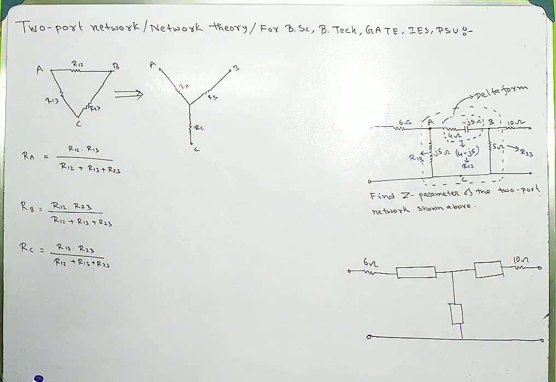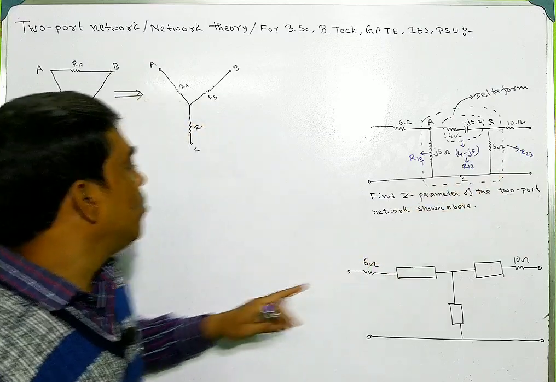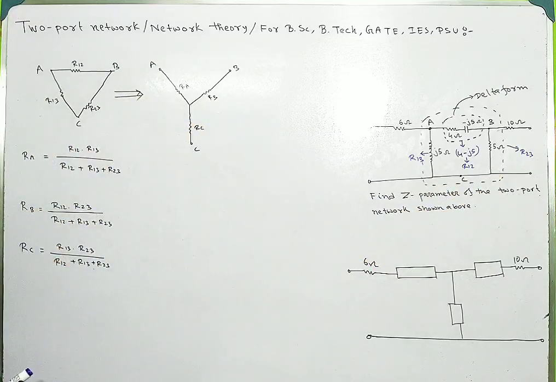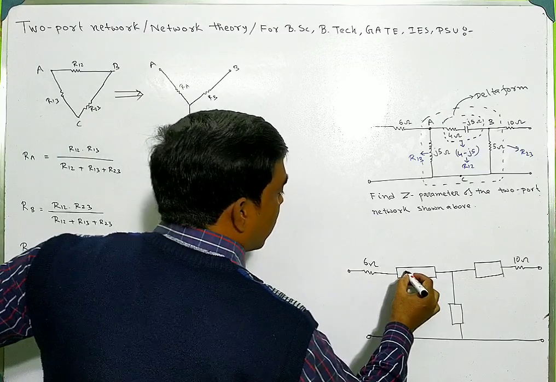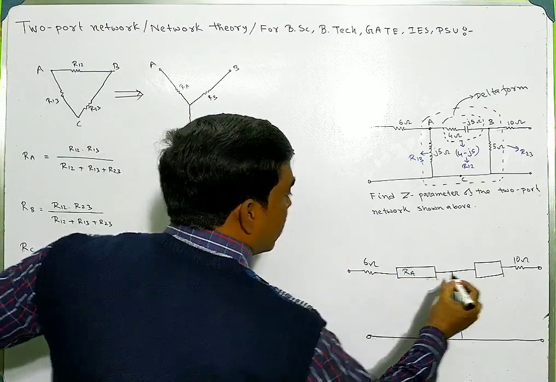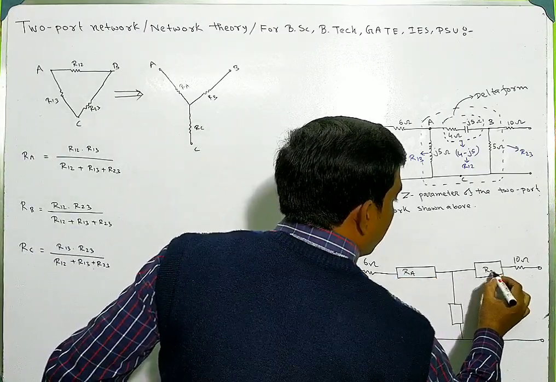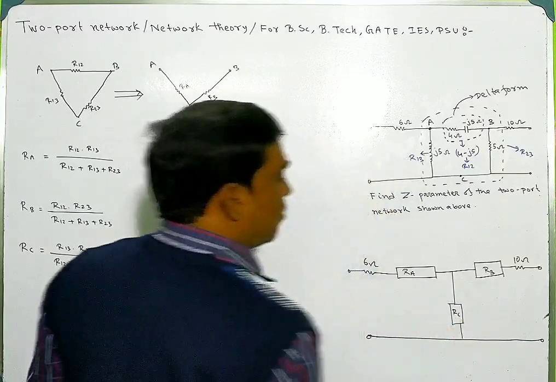Okay, now if I put these values in this formula, then I will be able to calculate the values of RA, RB and RC.